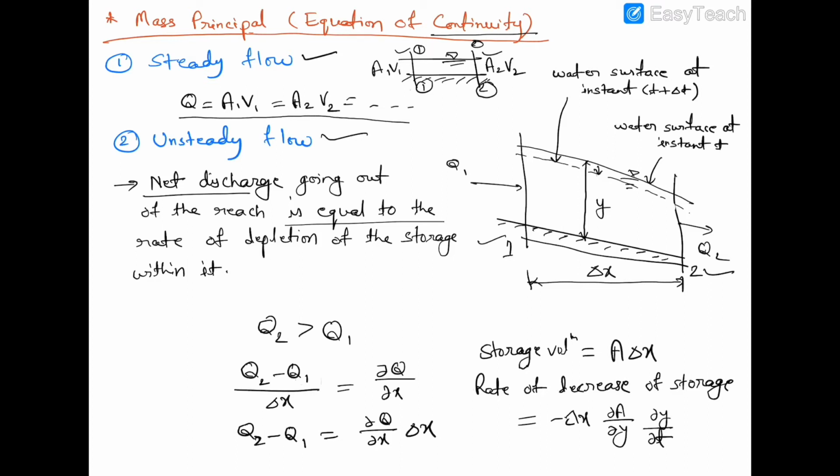As we know, more discharge is going out of the reach, that's why there is a decrease in storage. Okay, here the minus sign we are taking because we are finding the decrease in storage.